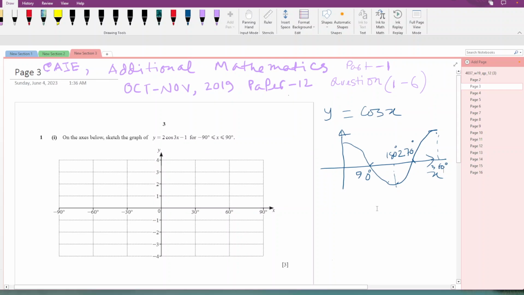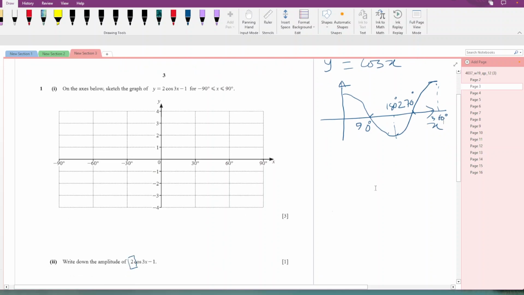Now, the curve cuts the y-axis at 1 and the minimum value here is minus 1.